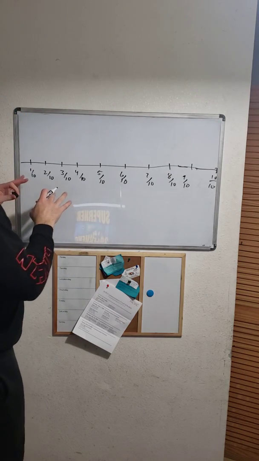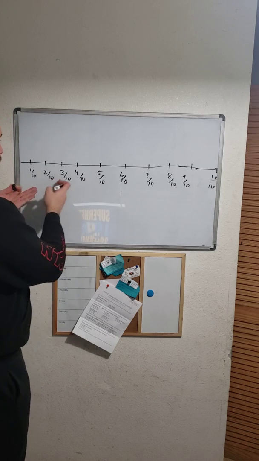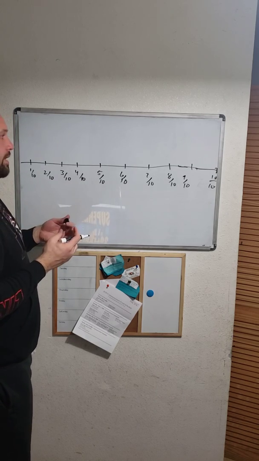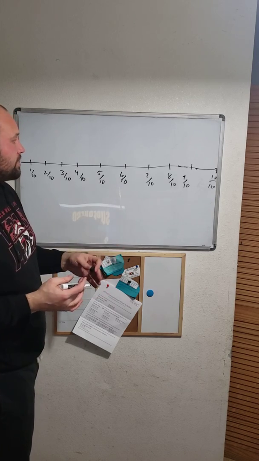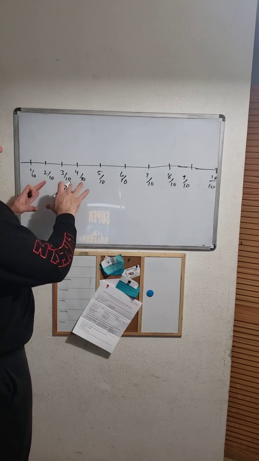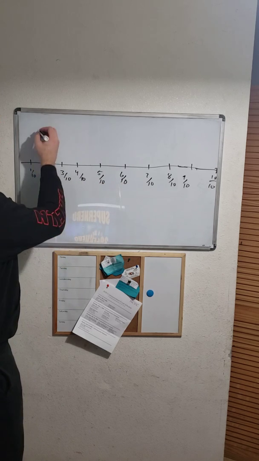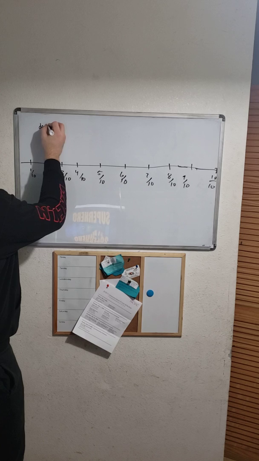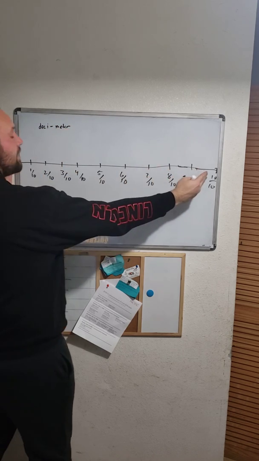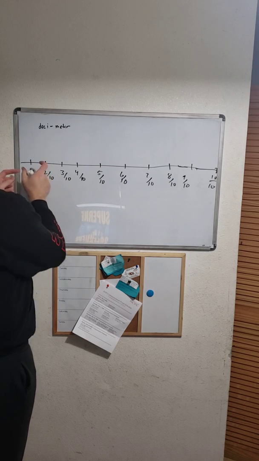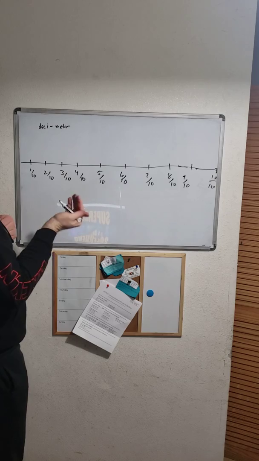So we could just call it a tenth or 2/10 or 3/10, but to make things easier, scientists and mathematicians have decided to make names for things like this, like decimeter. It's a meter, but it's in tenths, and so we call it a decimeter.